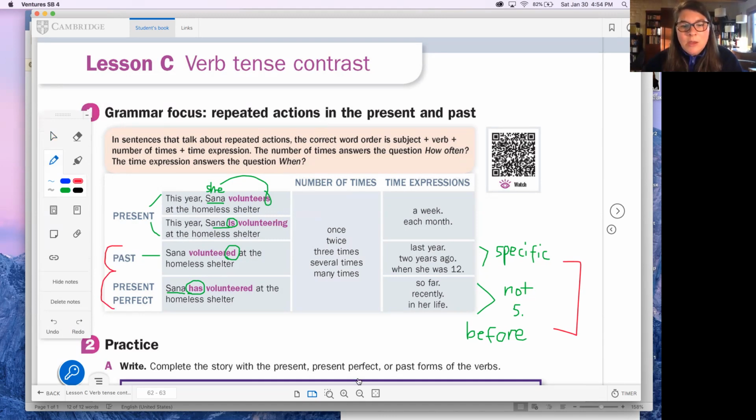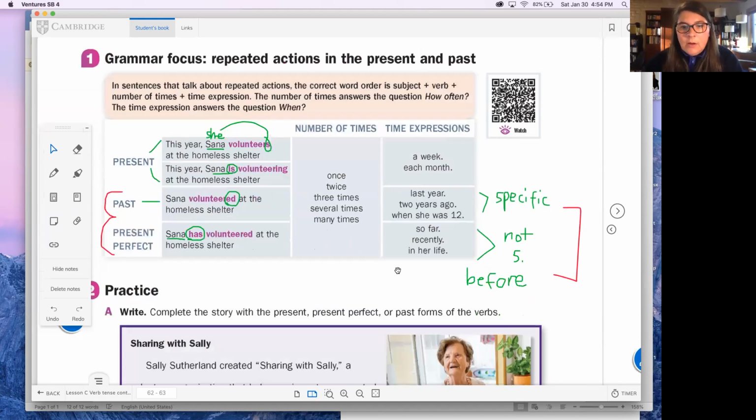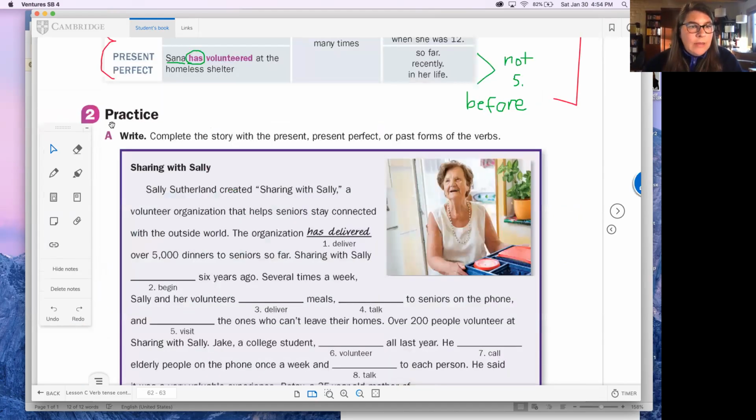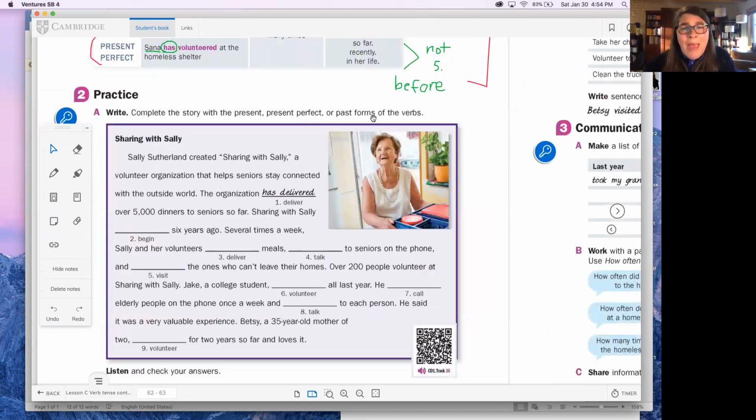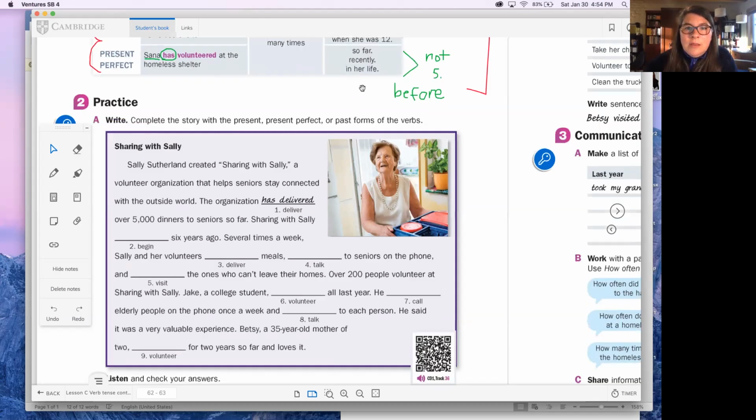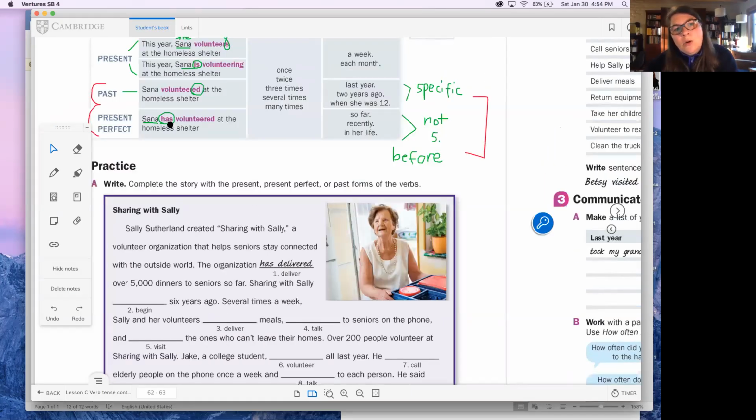Down here, I want you to get your notebook out or a piece of paper. And it says, complete the story with present, present perfect, or past form of the verbs. So how do you know if it's present, present perfect, or past forms? You're going to look for these clues, these words that indicate either present, past, or present perfect, or if it's the verb with have and another verb.